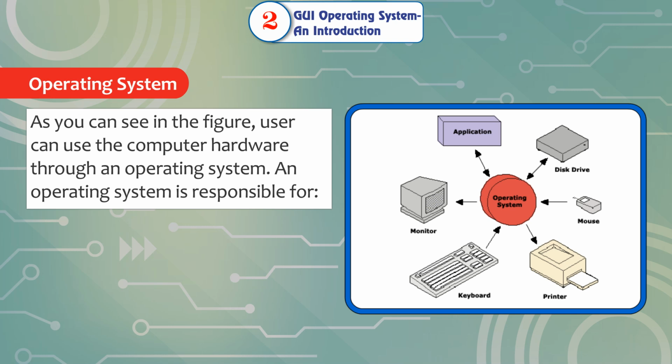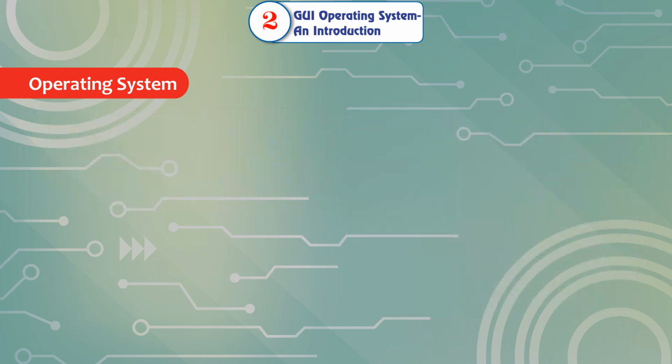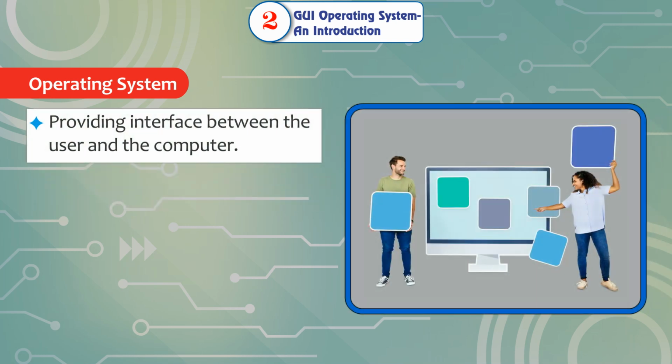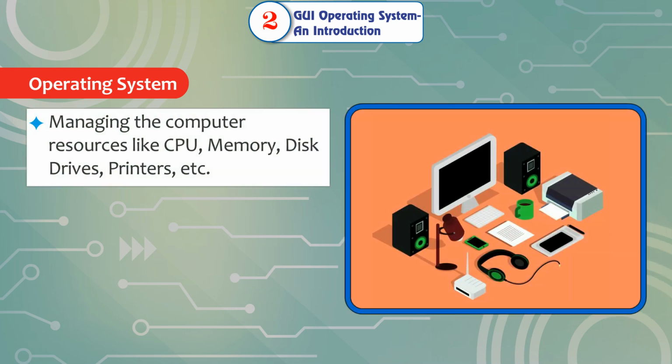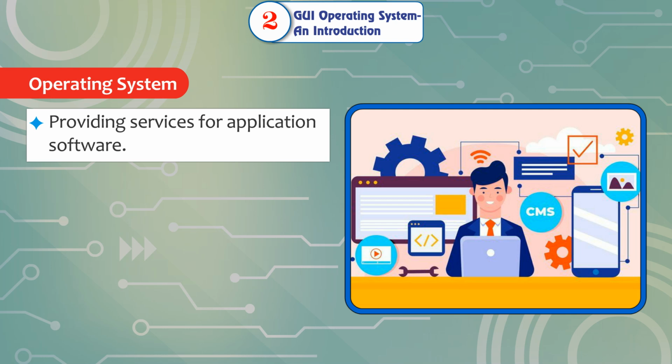An operating system is responsible for providing an interface between the user and the computer, managing the computer resources like CPU, memory, disk drives, printers, etc., and providing services for application software.